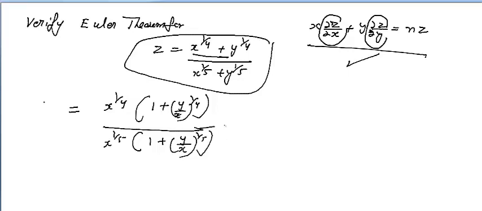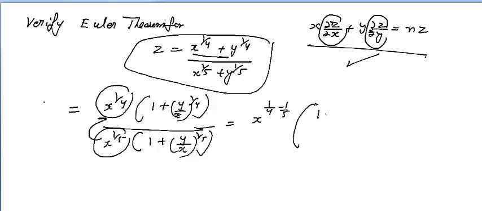So what you get here is x raised to power 1/4 and x raised to power 1/5. When you solve, you take this to the numerator: x raised to power 1/4 minus 1/5, and the rest will be (1 + y/x)^(1/4) over (1 + y/x)^(1/5). Very simple.